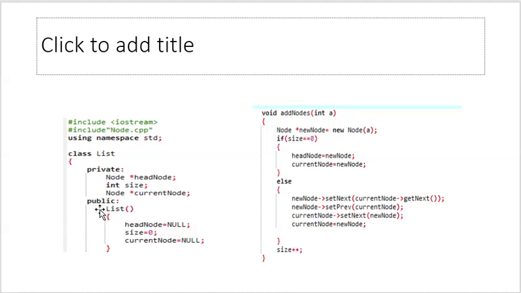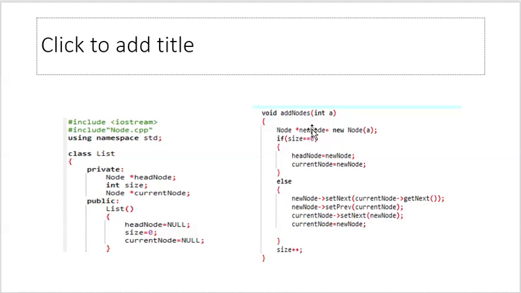And list is our default constructor, in which all these three items will be assigned 0, as the two pointers will be assigned null and the size will be assigned 0. Assigning 0 means that there are no nodes in the linked list.